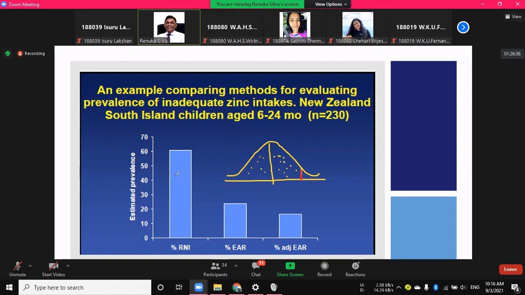So if I draw the graph for this population, it should be something like this.